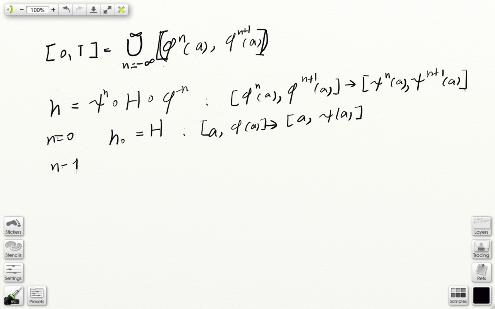When n equals 1, we have psi compose h compose phi inverse.